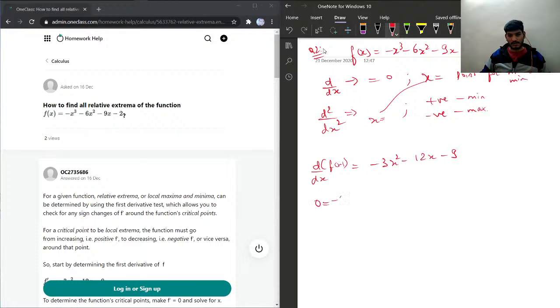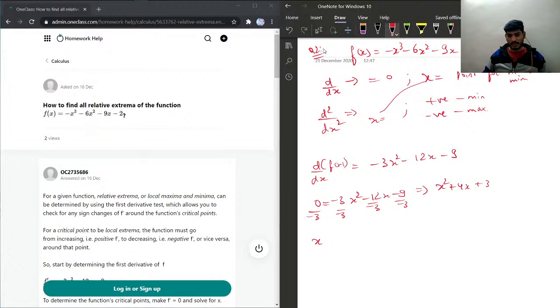So 0 is minus 3x squared minus 12x minus 9, and I'll divide both sides by minus 3. So this will become x squared plus 4x plus 3.